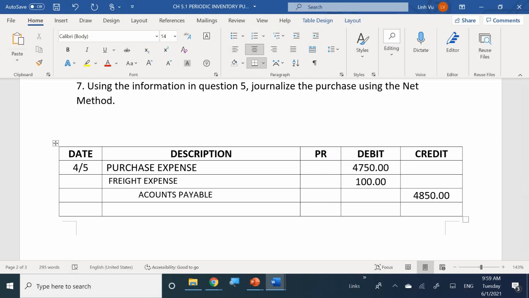Just like that, right? In this case, we're recognizing using the net method. And how we're looking at it is that we are going to purchase it at the discounted price. So we're going to take that 5% and take it out of our total automatically, and we'll recognize it as $47.50. Then we're going to tack on the freight.